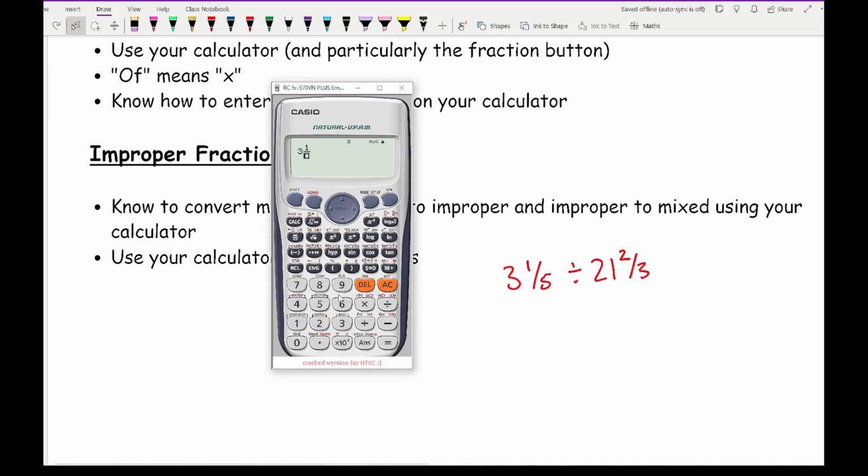So 3 and 1 and 5, scroll across, divided by, press Shift and the fraction button, 2, 1 and 3, and press equals, and again it's given my answer as 48/325. So again, easy peasy on the calculator.